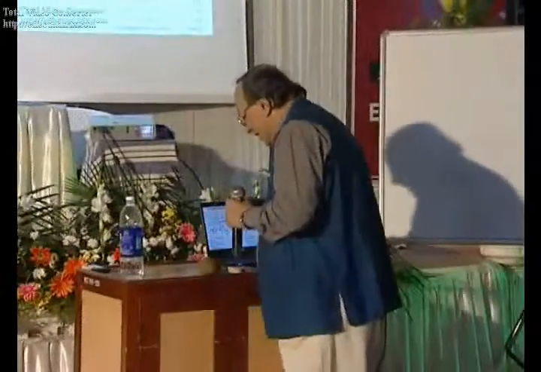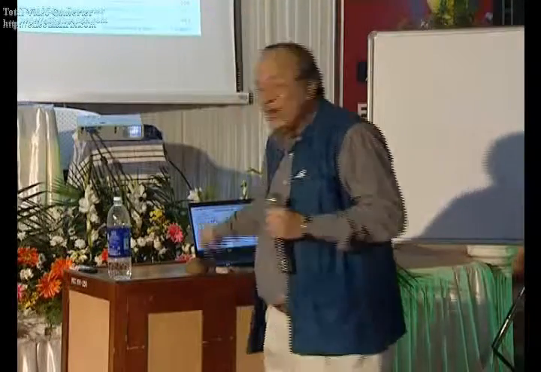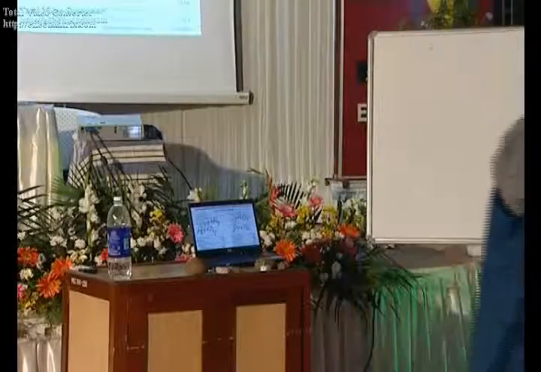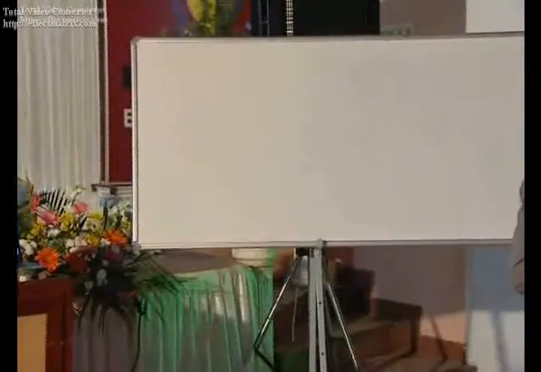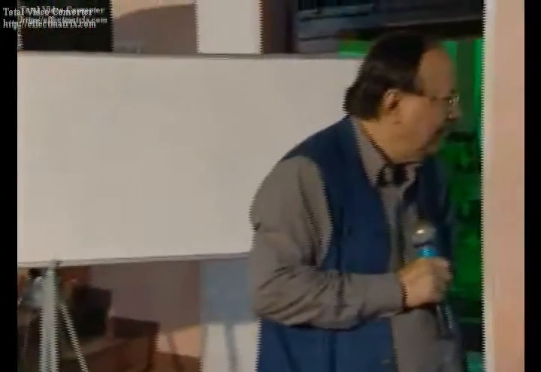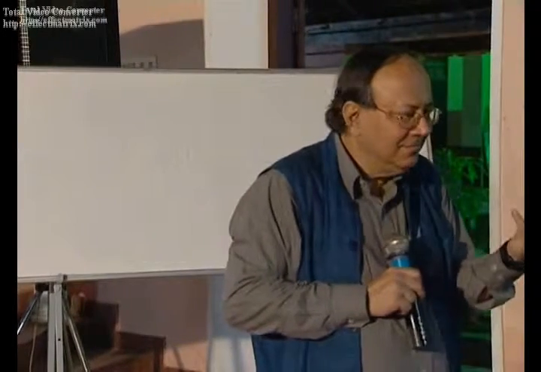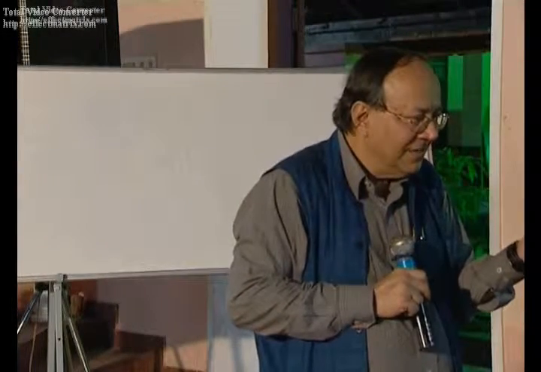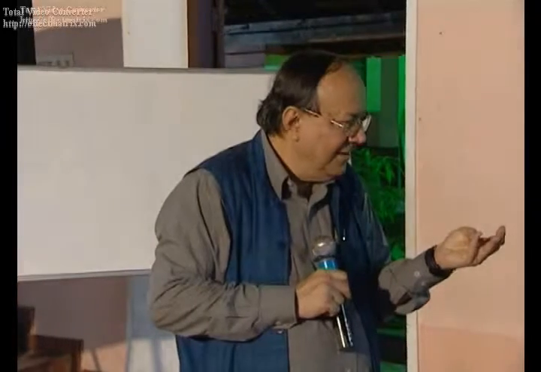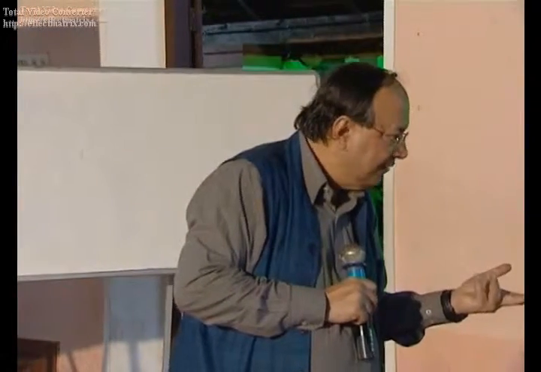So the chemistry of life is not so complicated. You will be surprised. If you look at the periodic table, how many elements are used in biology? Hydrogen, carbon, oxygen, nitrogen, sulfur, phosphorus, khatam ho gaya.